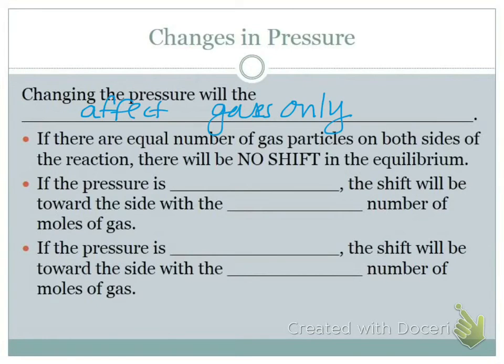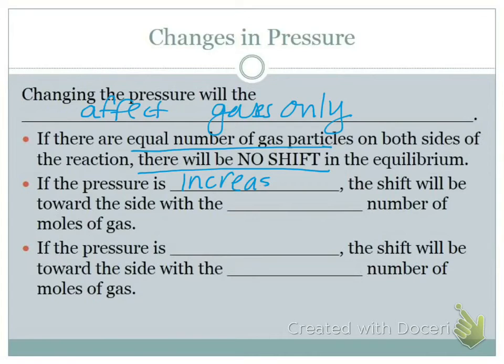That's because volume is not affected when you have a liquid or a solid. If there are an equal number of particles on both sides of the equation, there will be no shift. And when we're looking at equal number of particles, we'll be looking at the moles of gas.